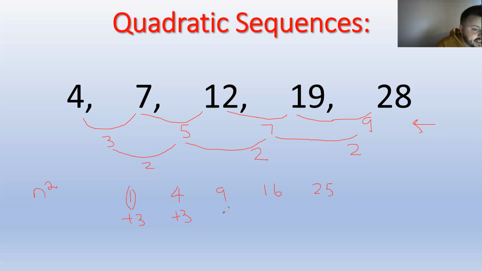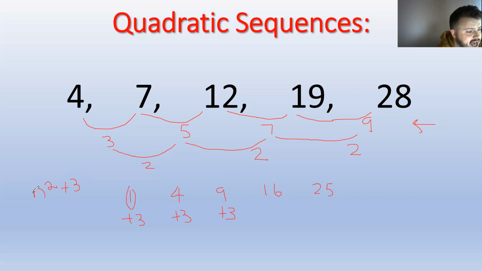It's plus 3. So you can see all of these numbers have a difference. We need to add 3 to all of these numbers to get the original numbers of the sequence. So plus 3, because it's a consistent difference, I'm just going to add that to the first part of the nth term, and now the nth term becomes n squared plus 3. Okay, and we can check to see if we're correct.